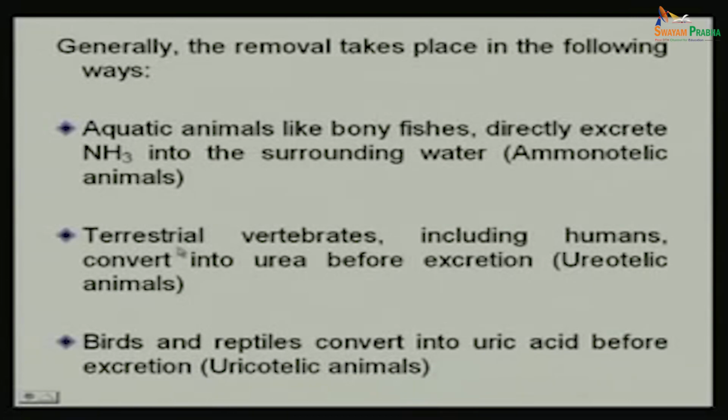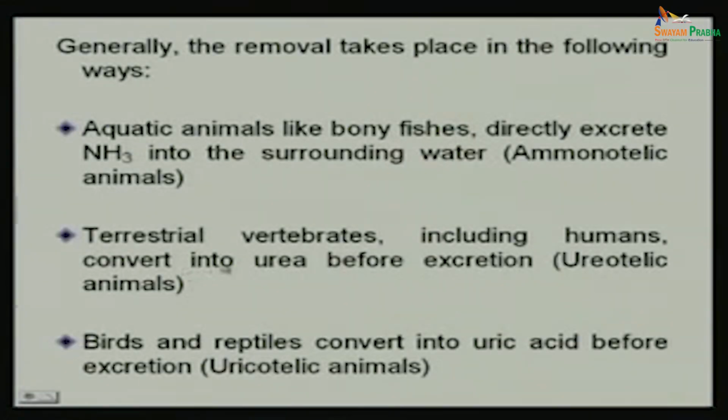In the case of terrestrial vertebrates, including humans, ammonia is excreted in the form of urea, and this group of animals are called ureotelic animals.